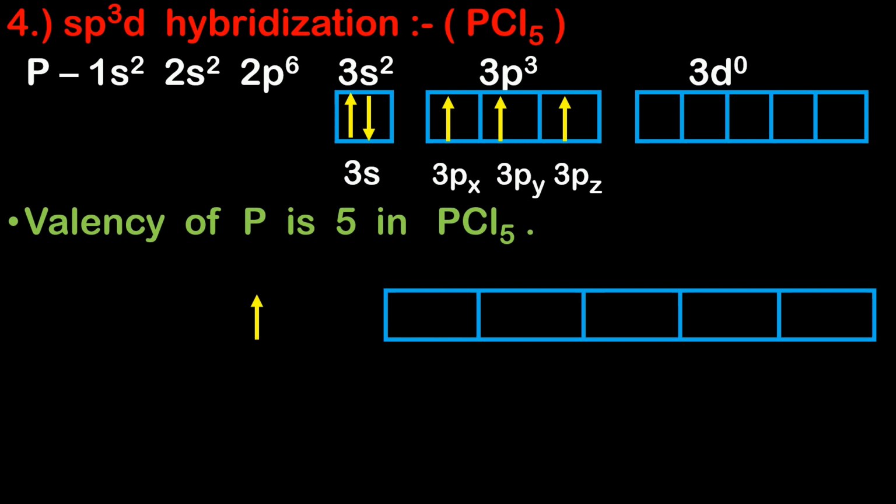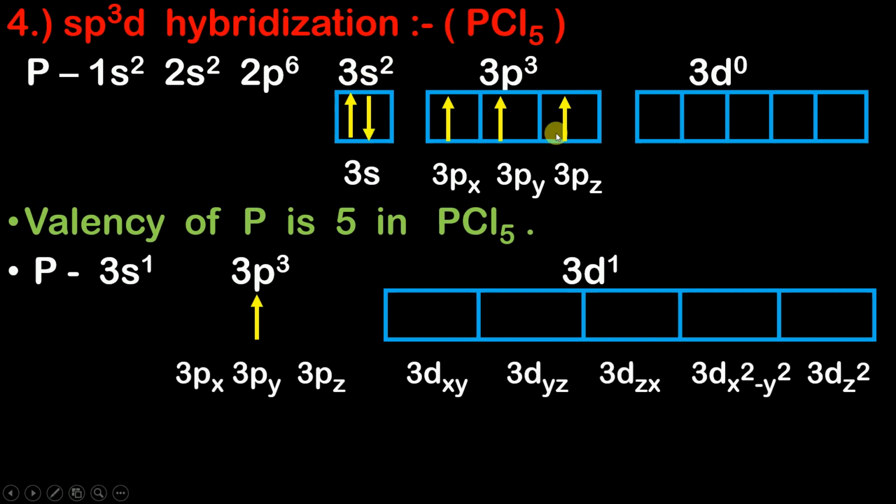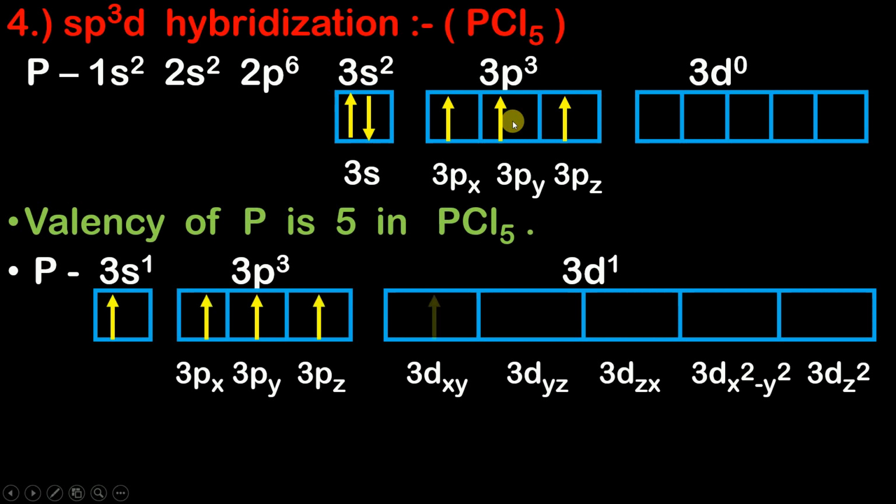So in order to have that, 1 electron from 3s is going to jump to 1 orbital of 3dxy. Let me show you all over here. As you can see, the electron has jumped to 3dxy.